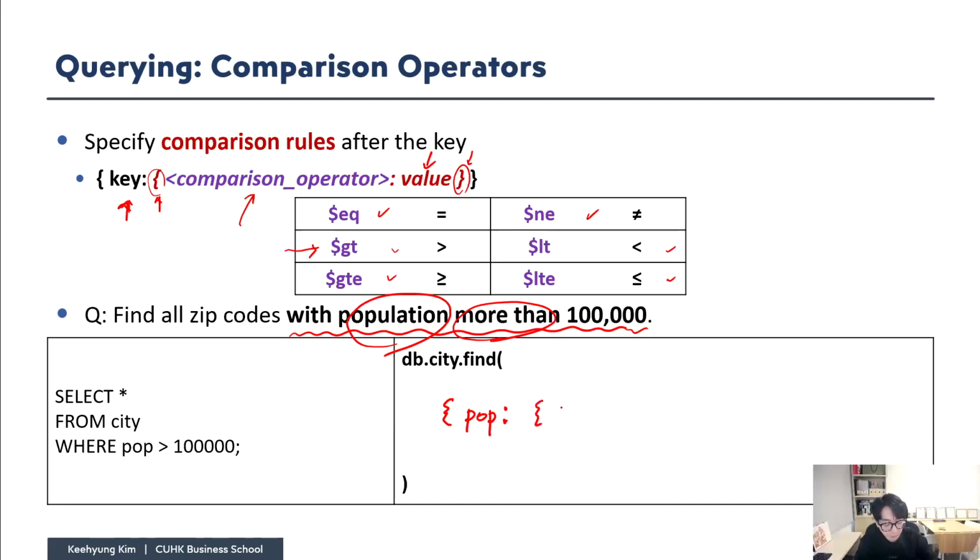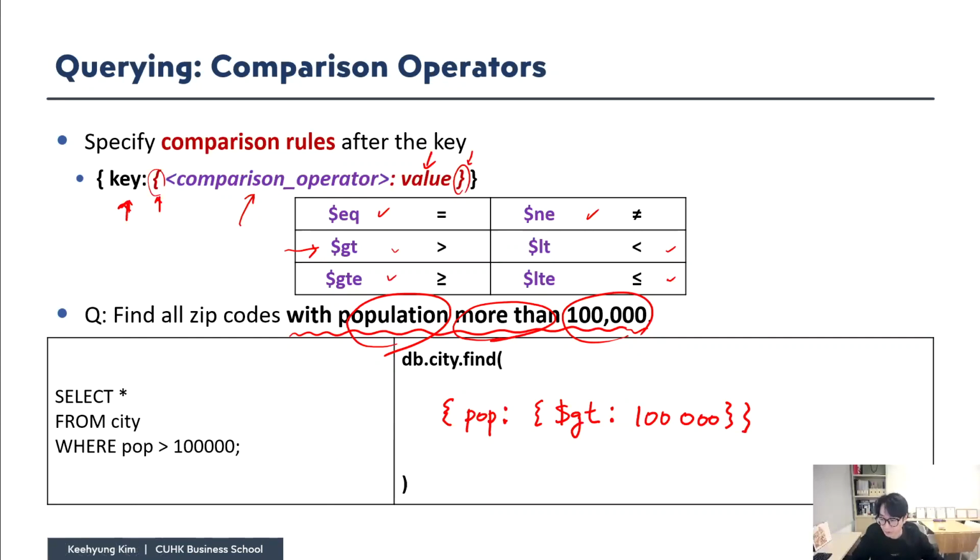So we put the comparison rule with the operator greater than, and we compare against this number. It should be greater than 100,000, and close like this.